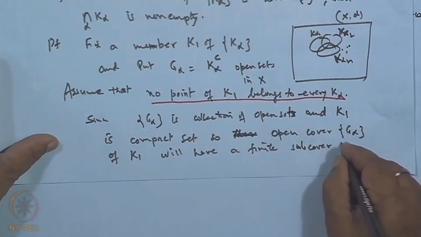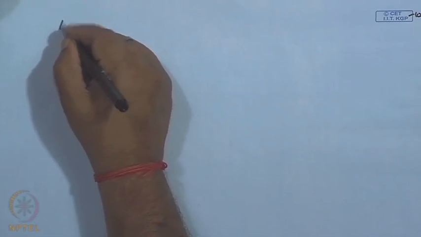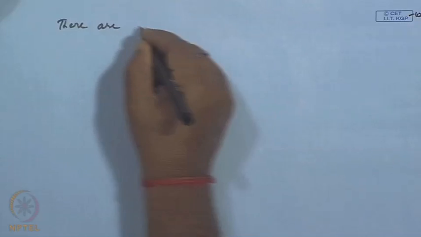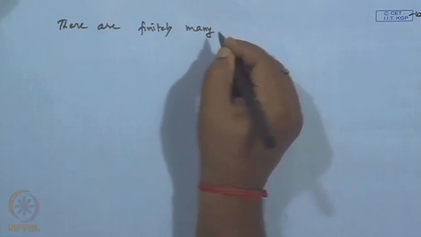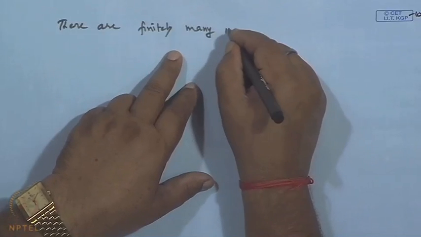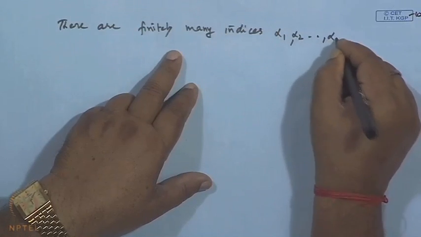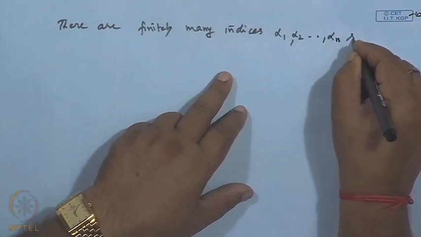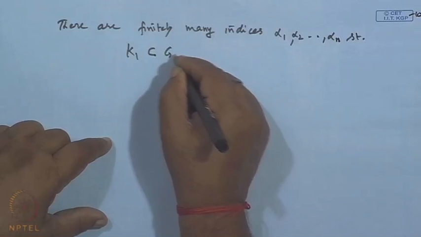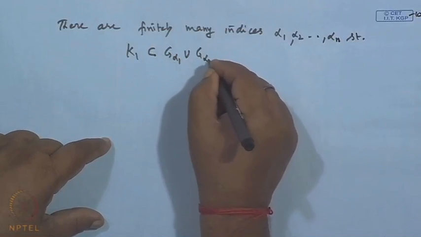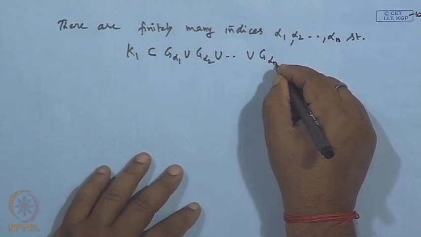Finite subcover means there are finitely many indices, say alpha 1, alpha 2, ..., alpha n, such that K1 is contained in G alpha 1, G alpha 2, ..., G alpha n.